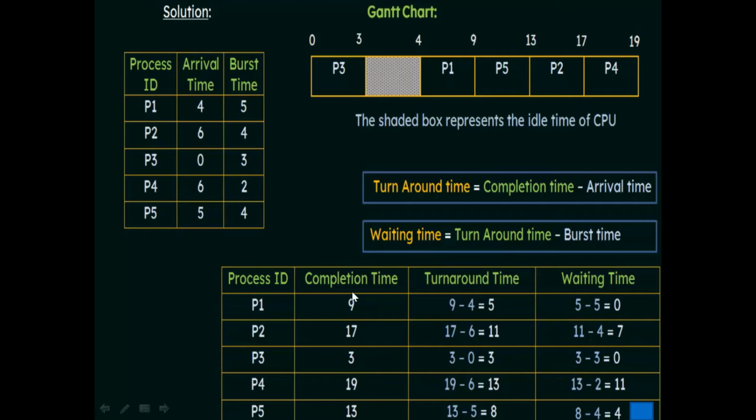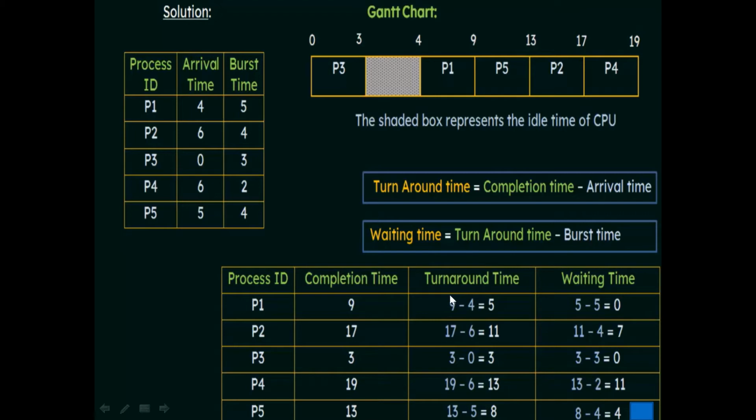Right? Now the formula for turnaround time is completion time minus arrival time, and arrival time is given in this table. P1 comes at the 4th unit of time, P2 comes at the 6th unit of time, and so on.